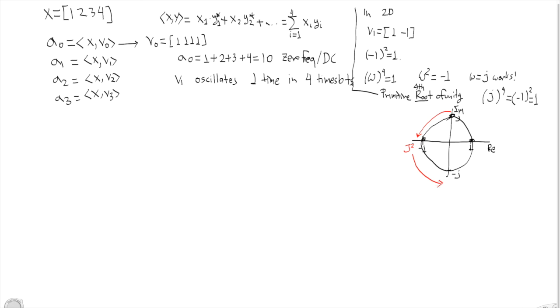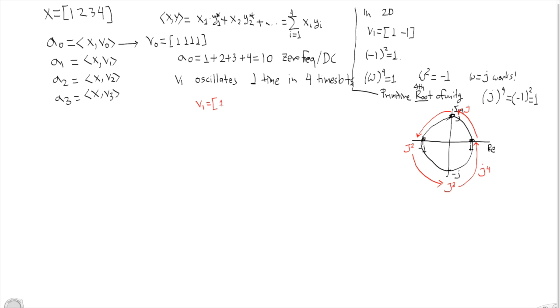You are going to get minus 1 times j, which is equal to minus j. So this is j cubed. And when you multiply by j again, you get to j to the 4th power, which is equal to 1. Okay? So the first one here is multiplying by j. So this is the w quantity that we need.